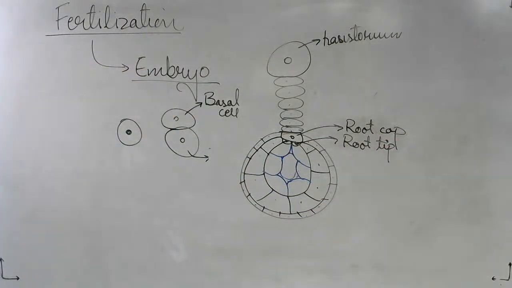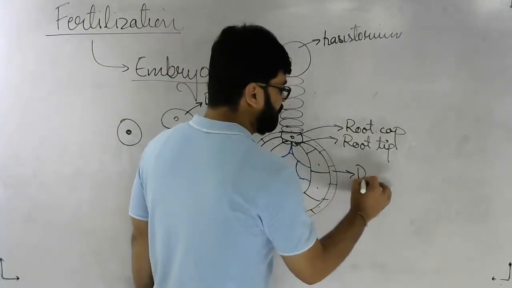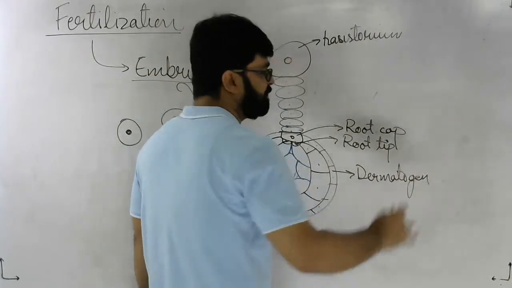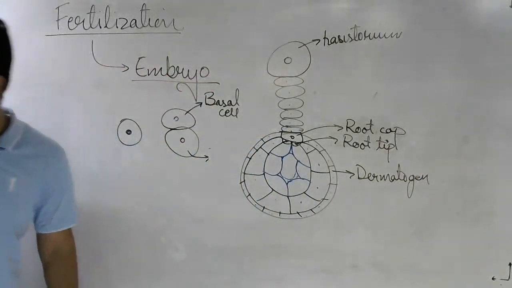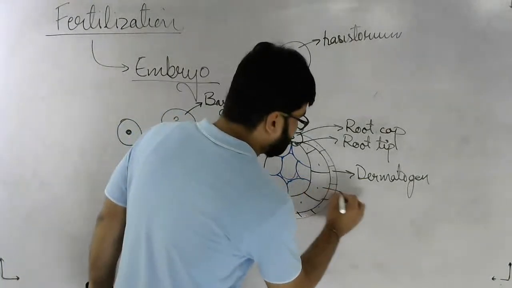The outermost layer is known as dermatogen, which is going to form the epidermis, and then we have the ground meristem.